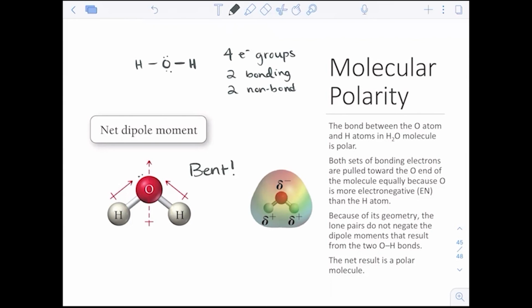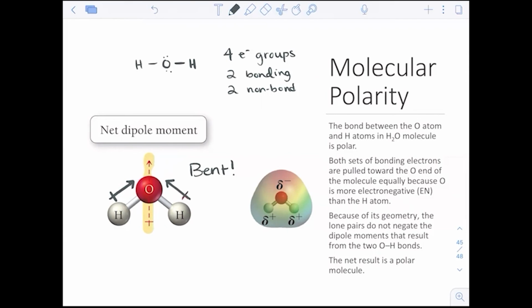The lone pairs, if we want to imagine, they're up here. They take up shape. So imagine them taking up space right there. But what that creates is a vector addition problem, where our 2 vectors here are both pointing up towards the oxygen. The overall sum for the polarity of the molecule is that middle portion.